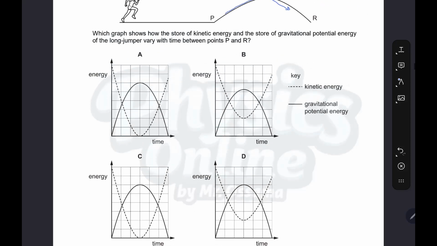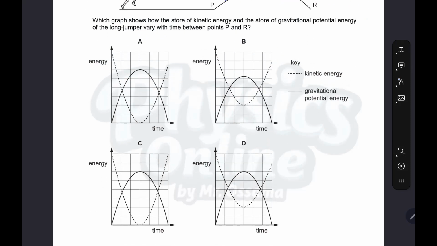In these graphs, the kinetic energy, as you see in the dotted line, changes from maximum to minimum, then maximum, as in graphs B and D, but does not reach 0 in graphs B and D.